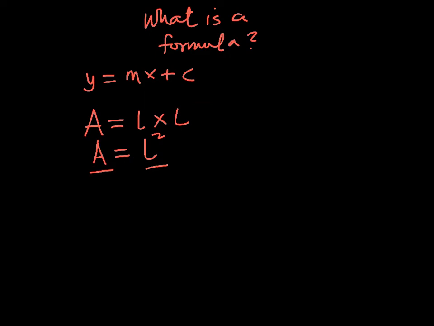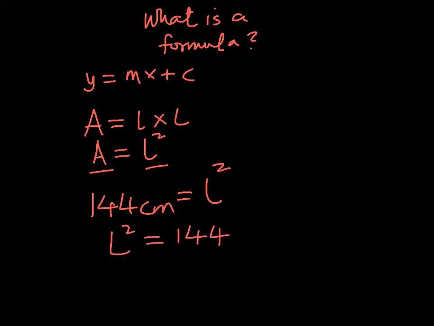Let's say the area of the square is 144 centimeters squared. If the area is 144 centimeters squared, and the length is unknown, so L squared, we know that L squared is equal to 144. So we can find L by taking the square root of both sides.